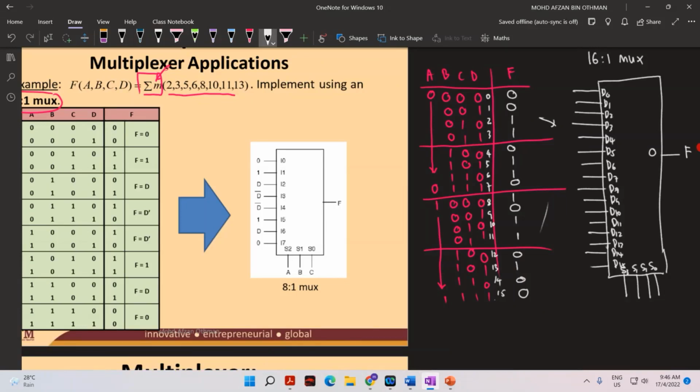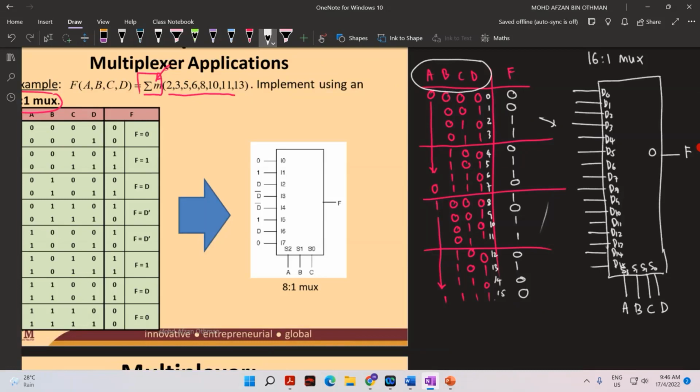And then what about selector? Okay, so this selector here is coming from input of your truth table. Pastikan dia punya kedudukan betul ya. A kena sambung kat sini, B kena sambung kat S1, C kat sini, D kat sini.